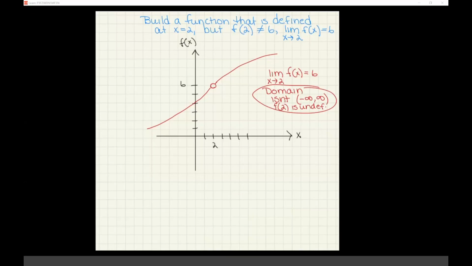Guys, anybody have any ideas? What I'm saying here is the function output at 2 isn't defined. Can you define it as something other than 6?